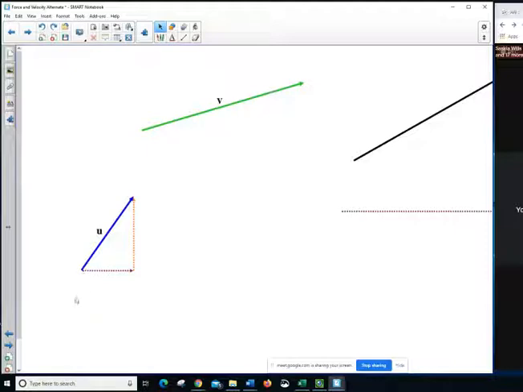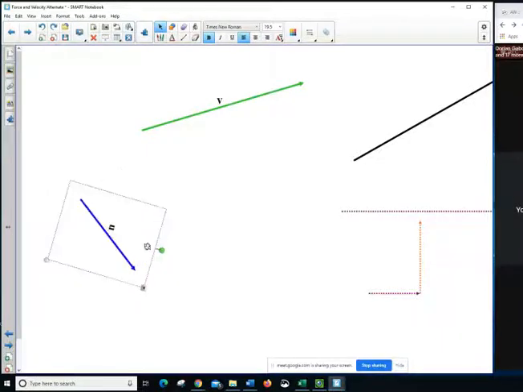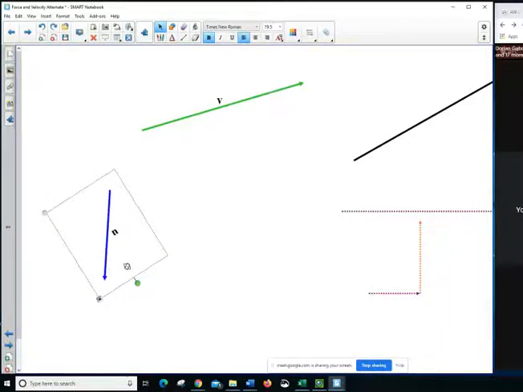Okay, so this idea of breaking up a force into two what we call component forces. Now you can see that because I've chosen to break them up as perpendicular forces, you're going to be able to use good old right angle trigonometry. However, we're not going to assume that we're always breaking things up in terms of horizontal and vertical forces.